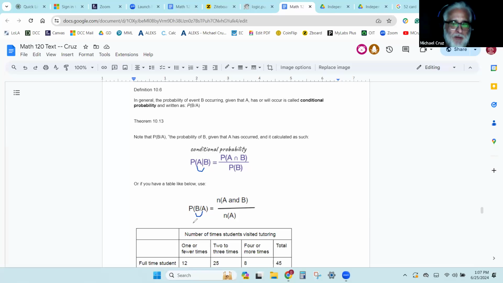The probability A given B and the probability B given A are different. But in the numerator, no matter which one, the intersection is the same.